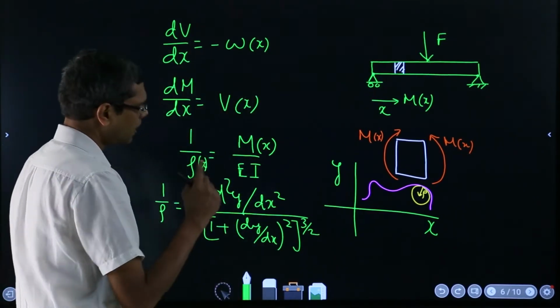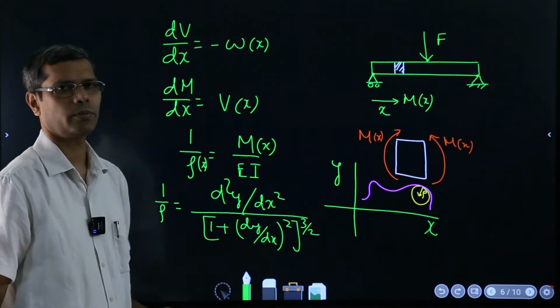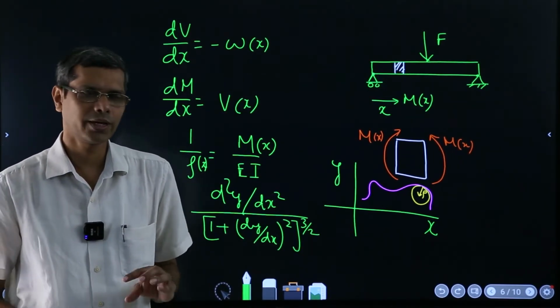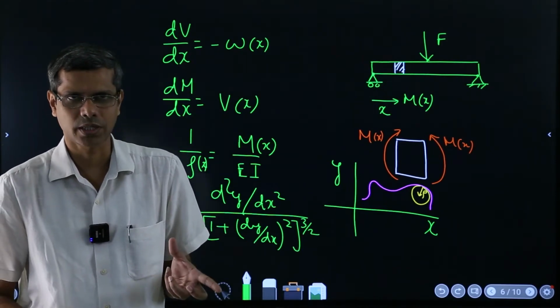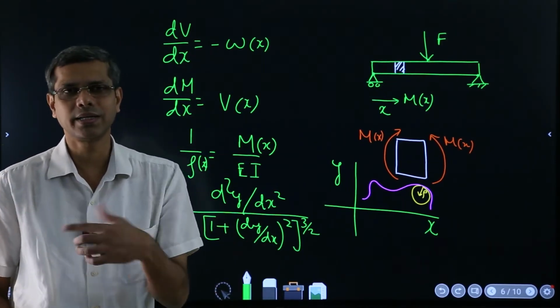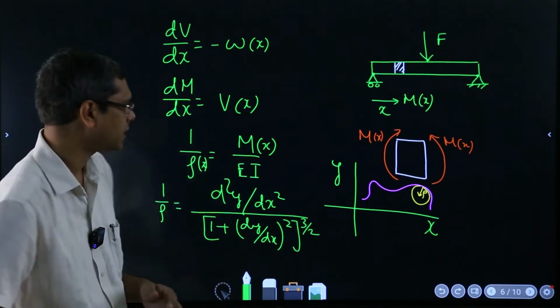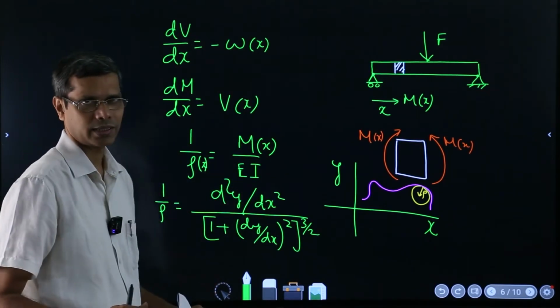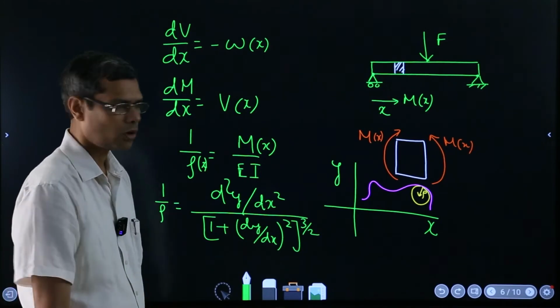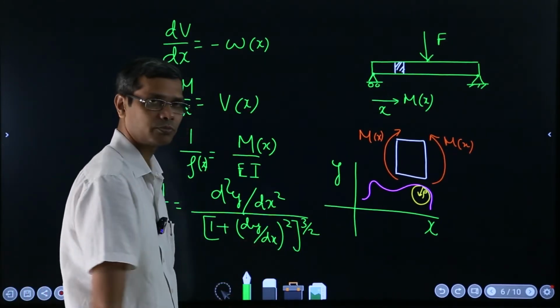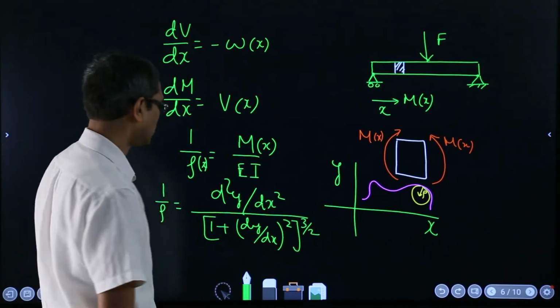But then, if you remember, we are considering deflections which are very small. Nowhere are we getting a lot of deformation, because otherwise the linearity we assumed between stress and strain will not be valid. That is why dy by dx is always very small compared to unity, and here it is even squared, so the value gets even smaller.